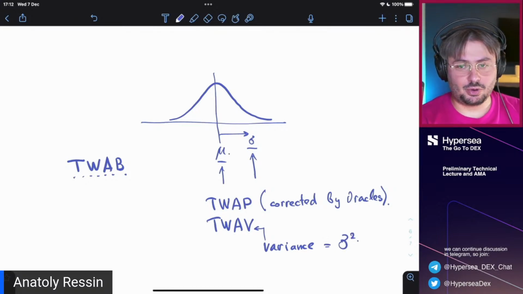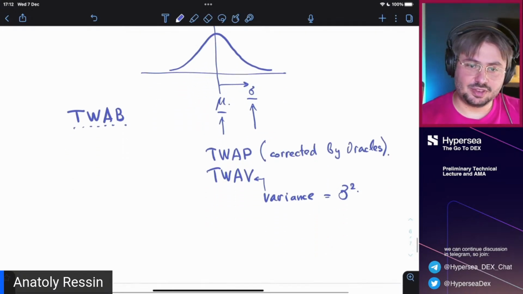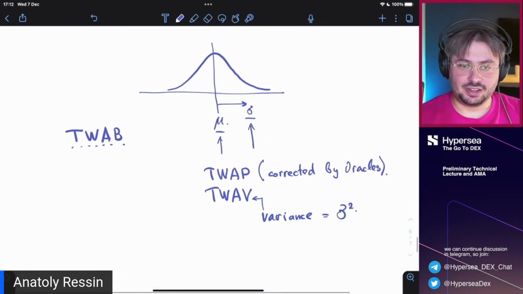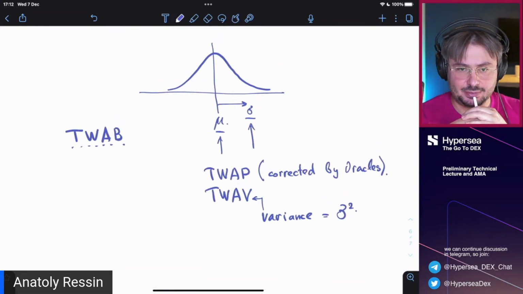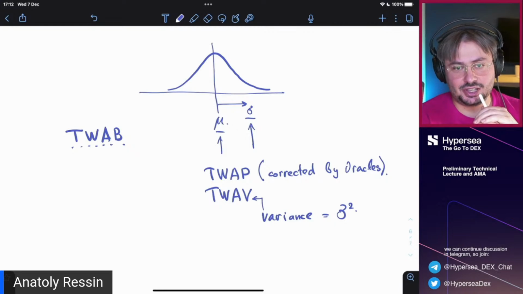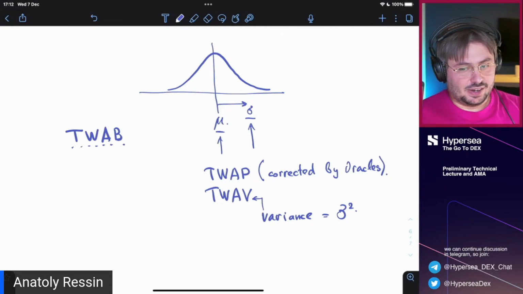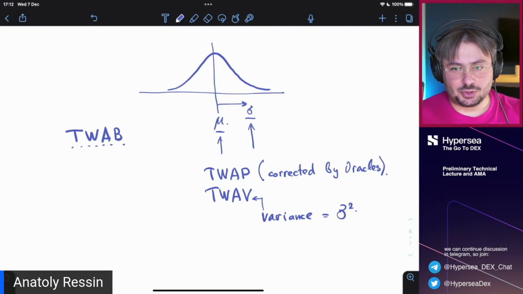So the formulas are very simple for calculating these things, and this means that we are able to follow prices and current volatility and just change the corresponding distribution together with the trading curve.